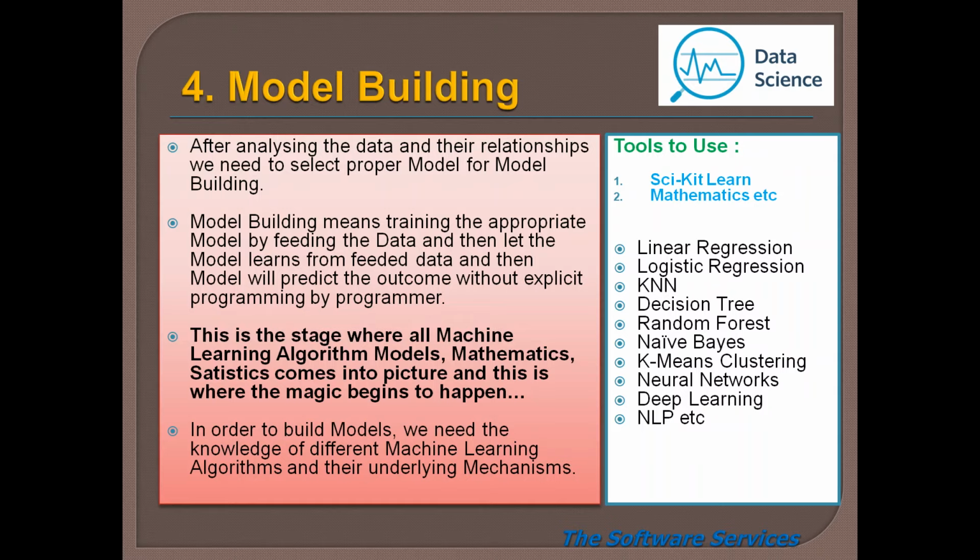Friends, in the last class, we already went through the data collection process, data preparation process, and the data analysis process. All those stages have completed. Now we have figured out which columns are the most suitable for model building.